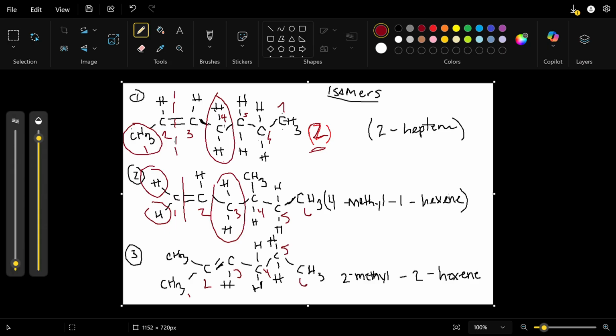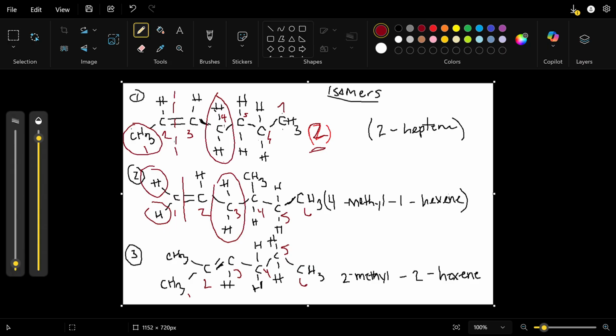So I named it hexene because the longest chain that I chose is 6. There's a methyl group on the second carbon, and the second carbon starts off the double bond. Don't pay attention to the parentheses. I just did that to separate it from anything that could make it confusing. Hopefully you can read it.